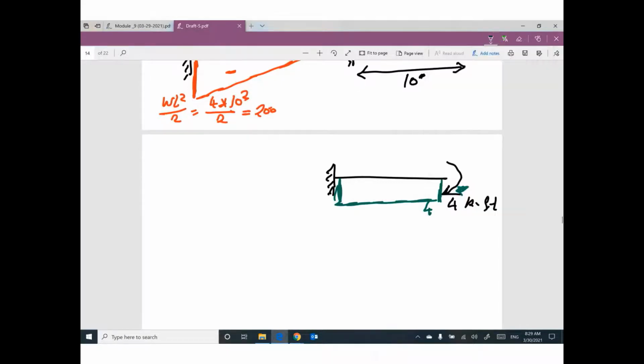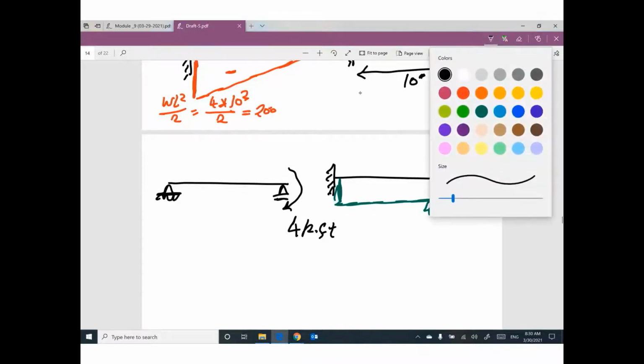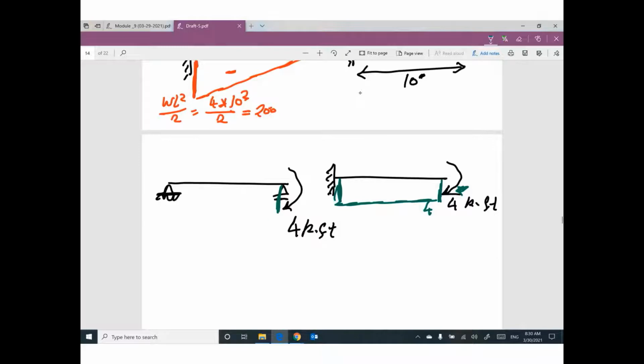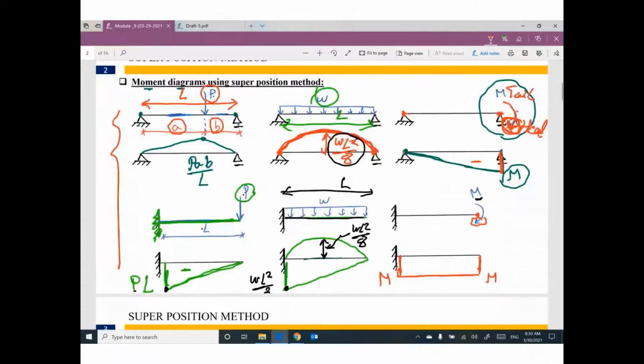Just to remind you, if this beam is simply supported between hinge and roller with 4 kip foot, no, we have a different story. Your value here will be 4. It's okay like this one, but will go to 0. In this case, your value 4 remains constant because this one is a cantilever, but this one is a simply supported beam, which is the difference between this case and this case.